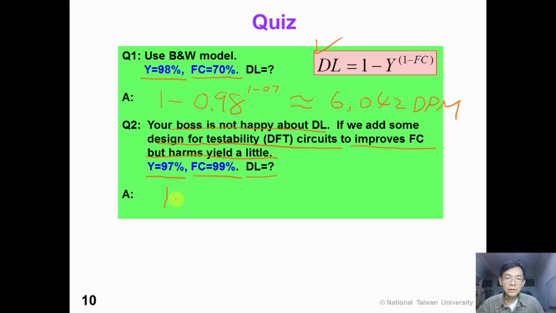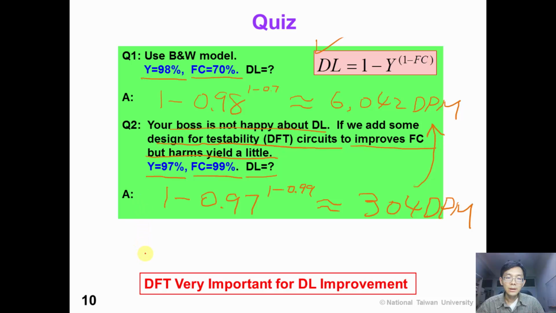If we plug in the same number to the second problem, that will be approximately 304 dpm, which is much better than question number 1. From this quiz, we can know that DFT is very important to improve the defect level, although it has a slight penalty in the yield.